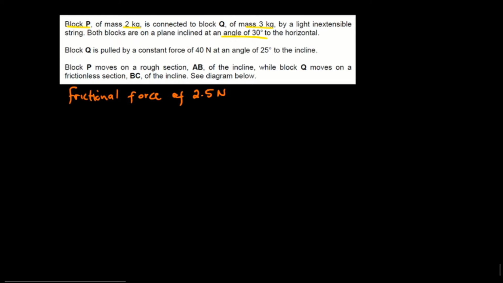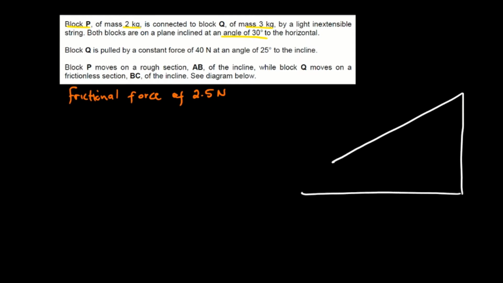So let's first draw this incline. We have an incline that looks like this, and we have block P, which is right here. And then we have block Q, which is here.